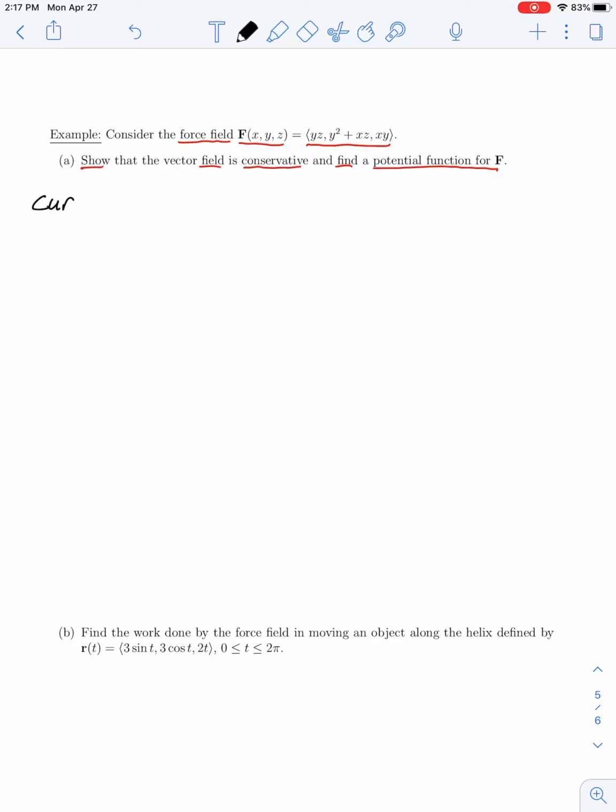So our first step here is to find the curl of this field, which is the cross product of the gradient operator with this field. So here, our first row consists of the standard basis vectors i, j, k.